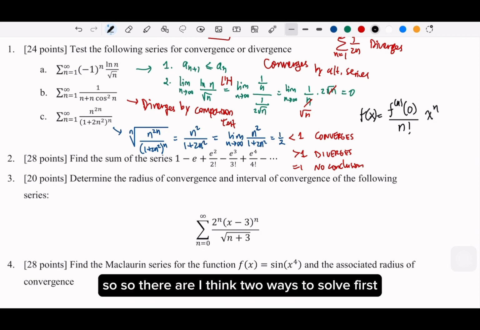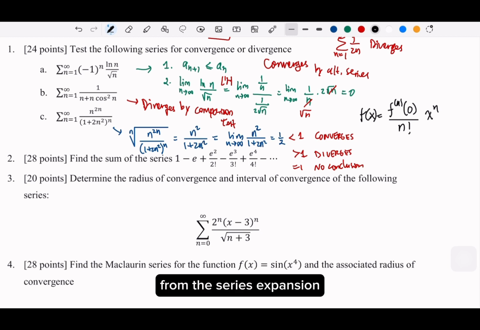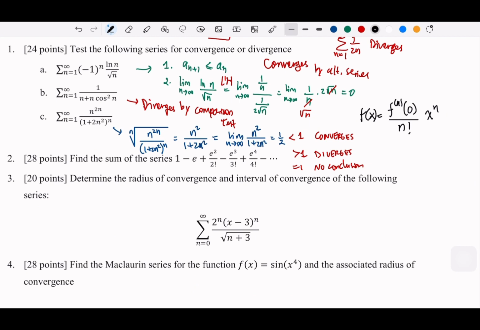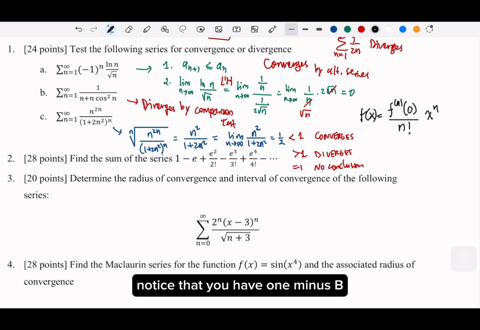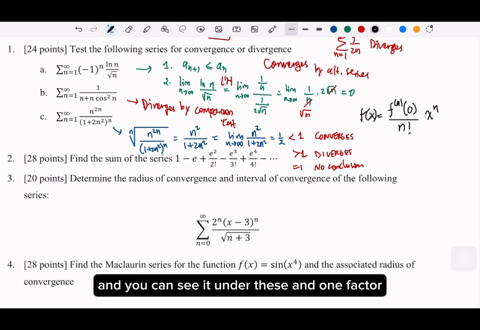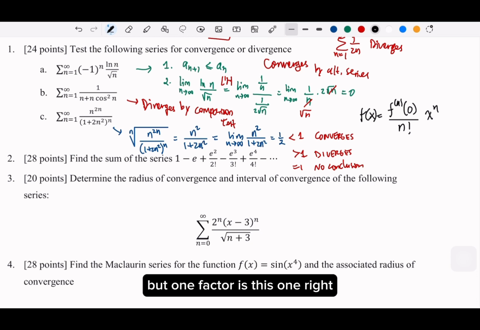So there are, I think, 2 ways to solve it. First, from the series, the expansion, we can write the formula for the series. Or we could start thinking what kind of Maclaurin series can be applied. Notice that you have 1 minus e, and you can see that underneath is actually 1 factorial, but 1 factorial is just 1, right?